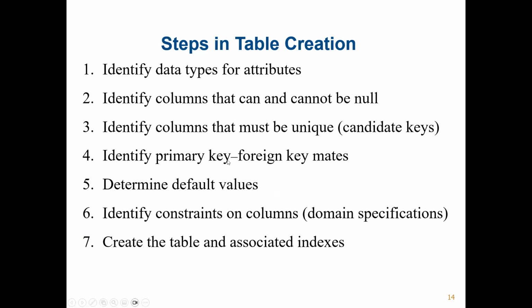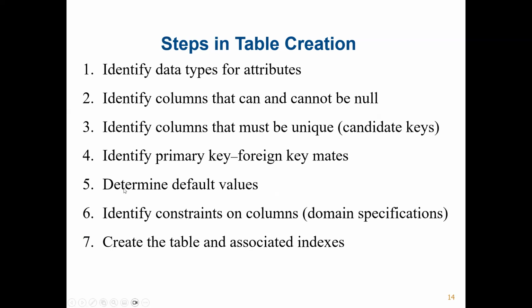The primary key, as we said, can be used in another table, and there it will be called a foreign key. Then if there's any default, for example, all my customers or students are from New York State, so for my state field, I'll make the default value NY. So we don't want the data entry clerk to type it always.